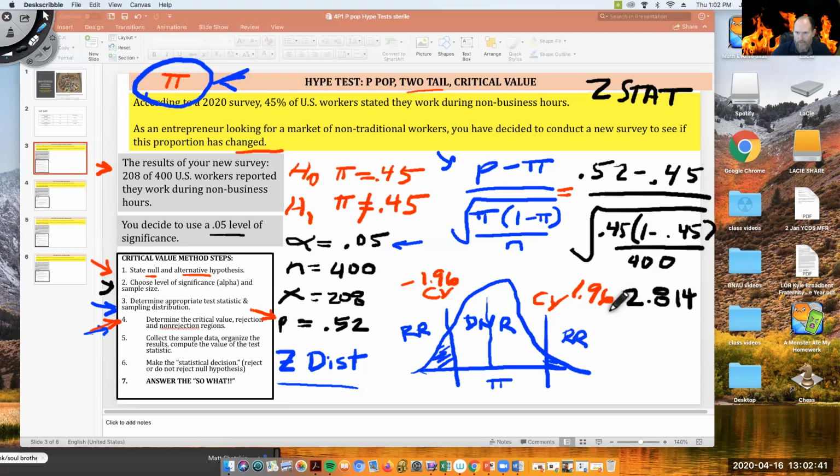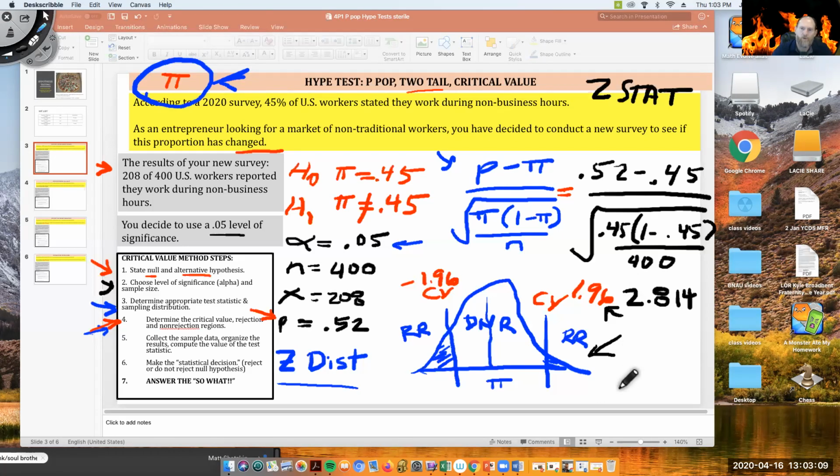We just need to compare it against that. Okay? So you're going to see Pearson and the text talk about decision rules. So a decision rule is the same thing as a rejection region. If 2.814 is greater than 1.96, it would fall out here.